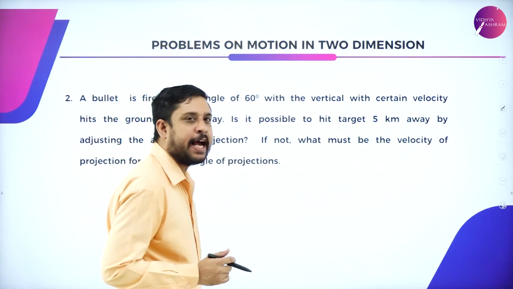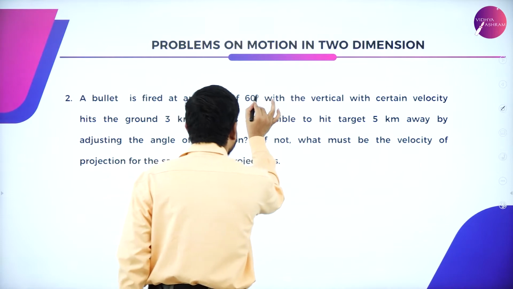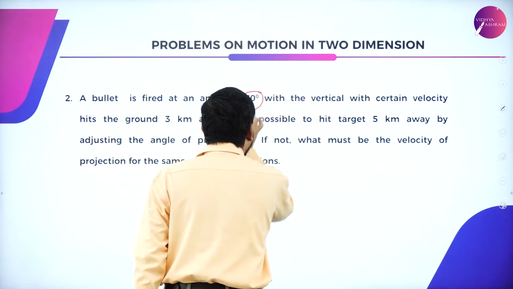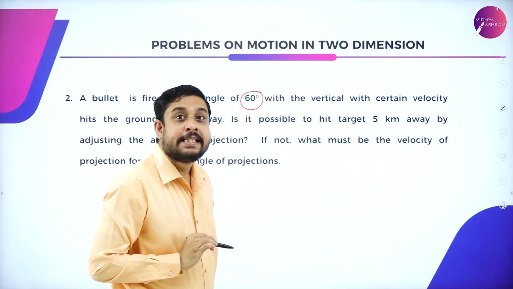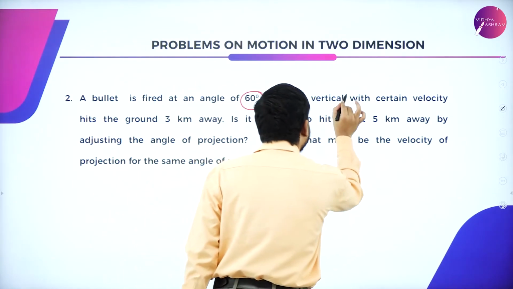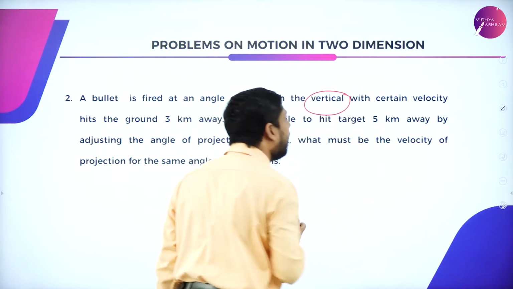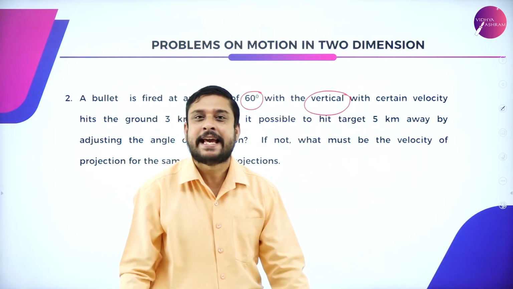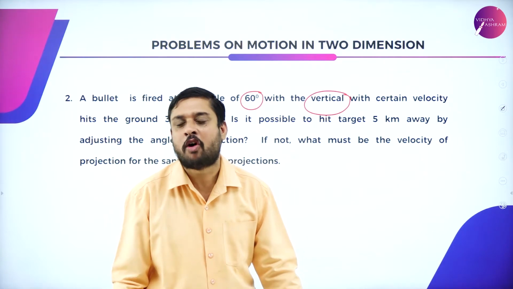A bullet is fired at an angle of 60 degrees with the vertical. Gamansi, it is not the horizontal.